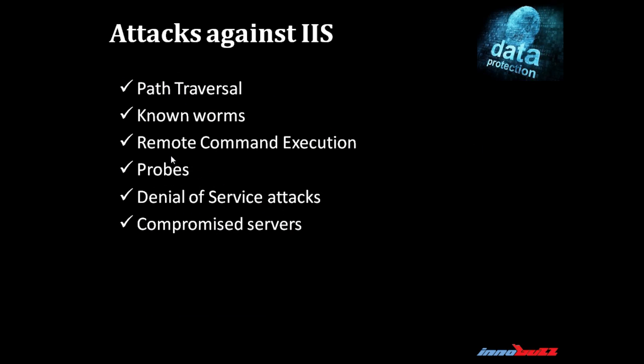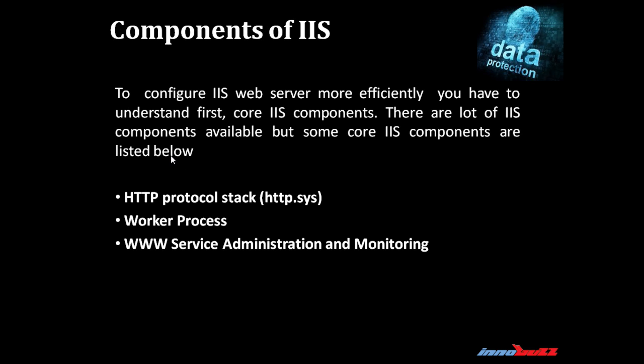Listed here are some of the attacks which can be performed against IIS, or Internet Information Server. Some of them are path traversal, known worms, remote command execution, probes, denial of service attacks, and compromised servers. Now let us take a look at the components of IIS.